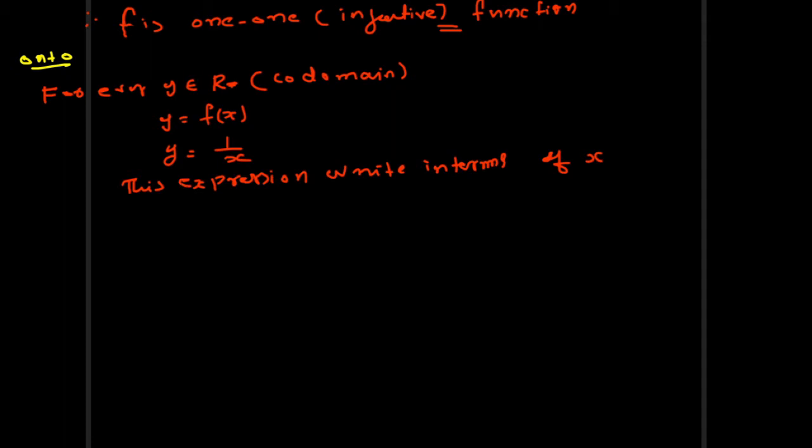First you cross multiply: xy equal to 1, therefore x equal to 1 by y.